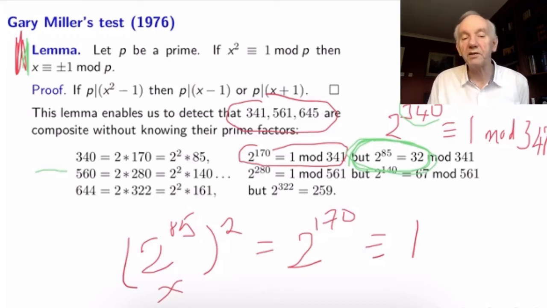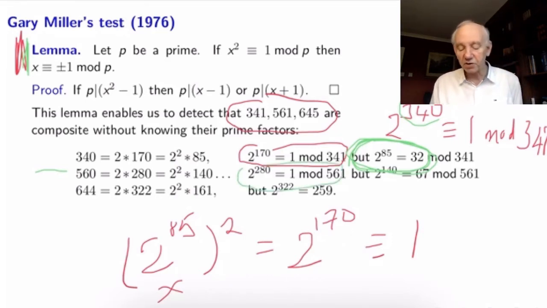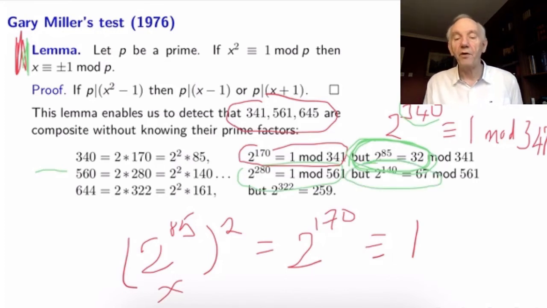So we could go all the way down to 35, and so there would be sort of 4 things to check. But it turns out that although when we half it again we get 1, when we half that, just as in the first case, we get something which is not plus or minus 1. So that also shows us that 561 is not a prime number.